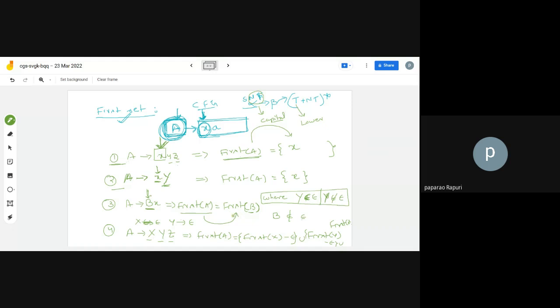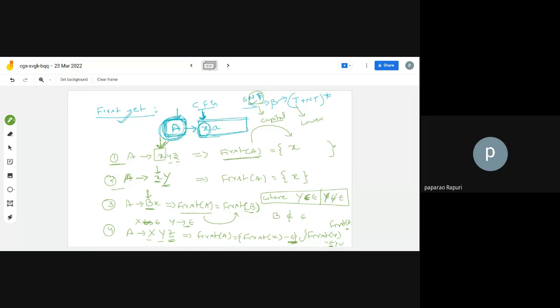So in that case, X is deriving epsilon, so we are removing that epsilon. Y is deriving epsilon, we are removing that epsilon. Z is not deriving epsilon, so we are not removing epsilon from here.